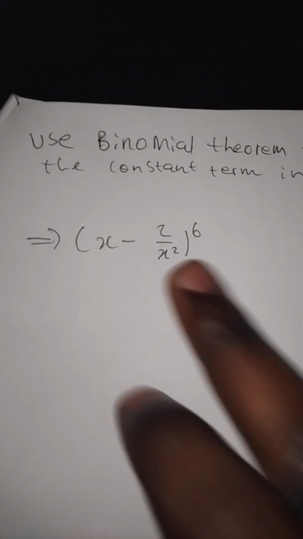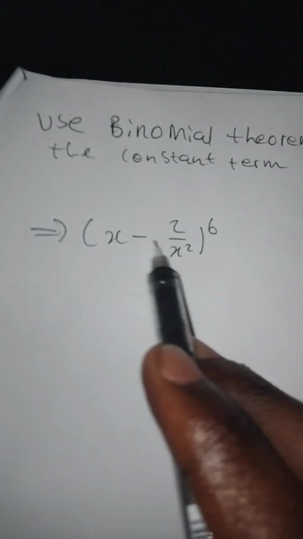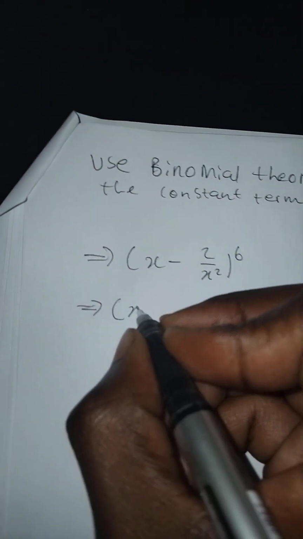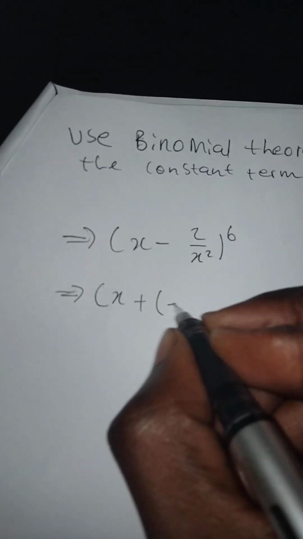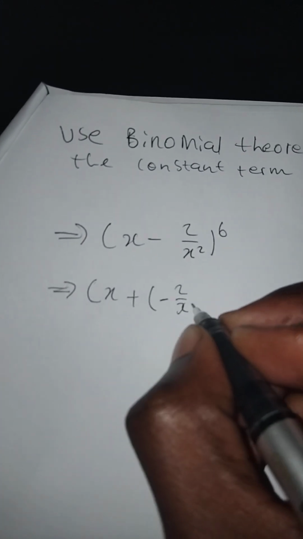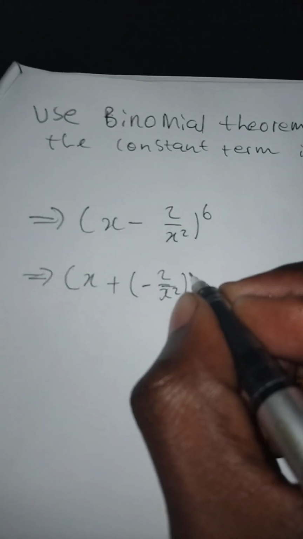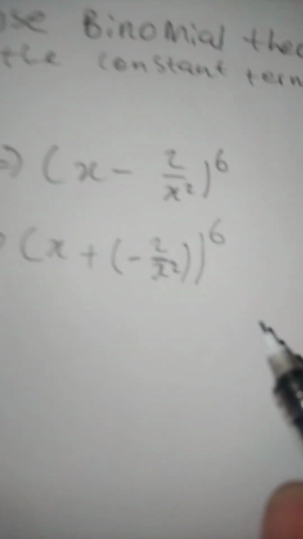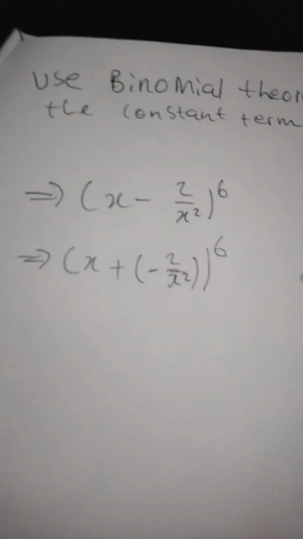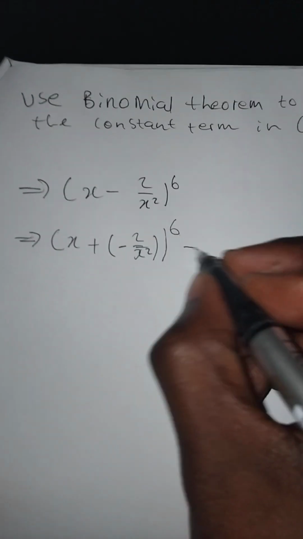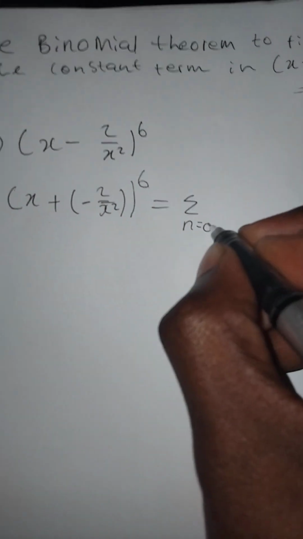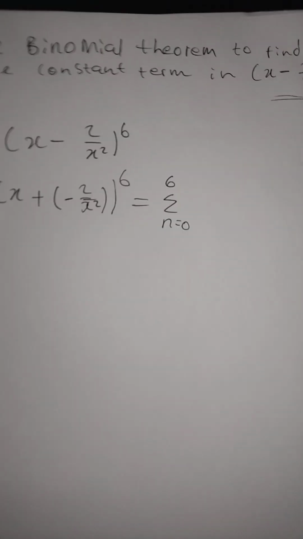So we see that we cannot yet apply the binomial theorem because of this negative sign, but that is not much of a big deal, since we can just say x plus, then we put everything into a bracket like that, then all to the power 6, isn't it? So in this case, we know our k is 6, then we can start applying the formula. So it will be equal to the summation from n equals 0, where k is 6, okay?